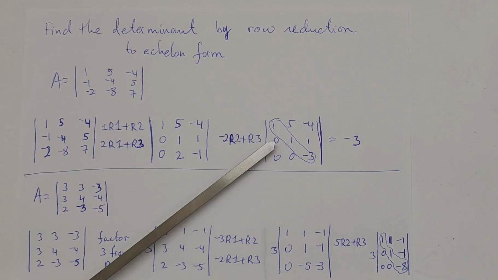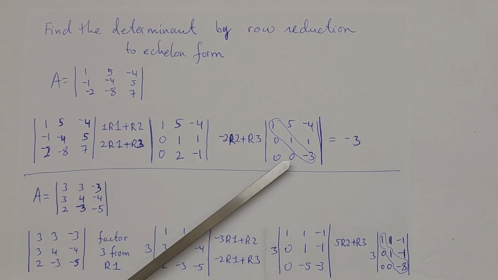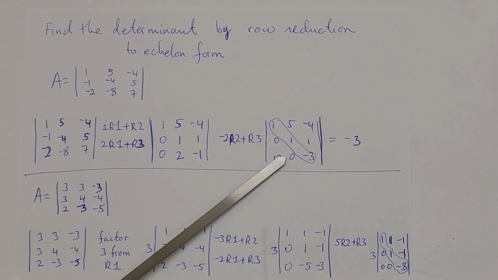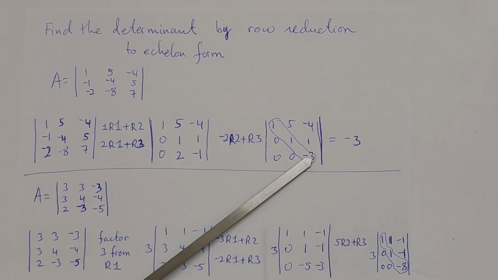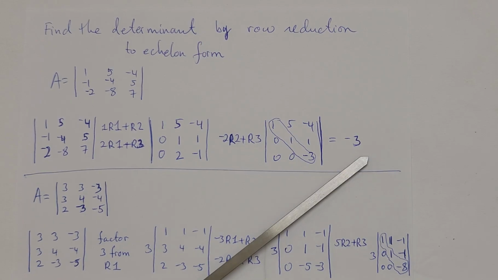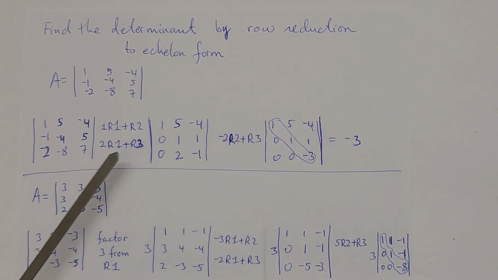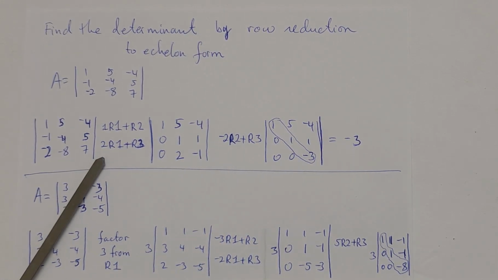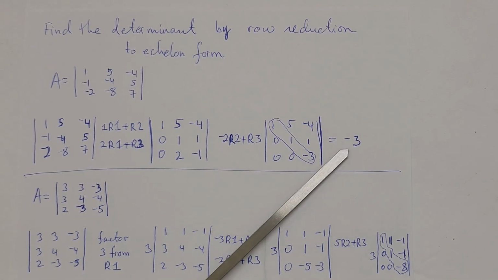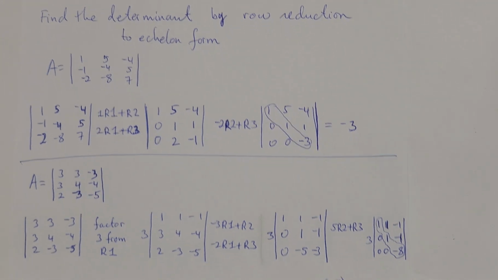So 1 times 1 times -3 will give me -3. Now in this situation, I did not switch any rows or any columns, so there's no need for an extra negative. Okay? Next example.